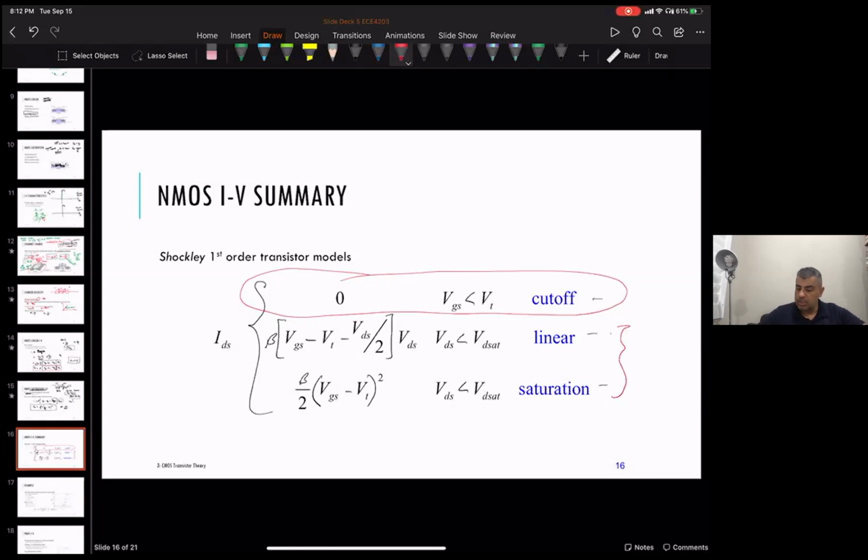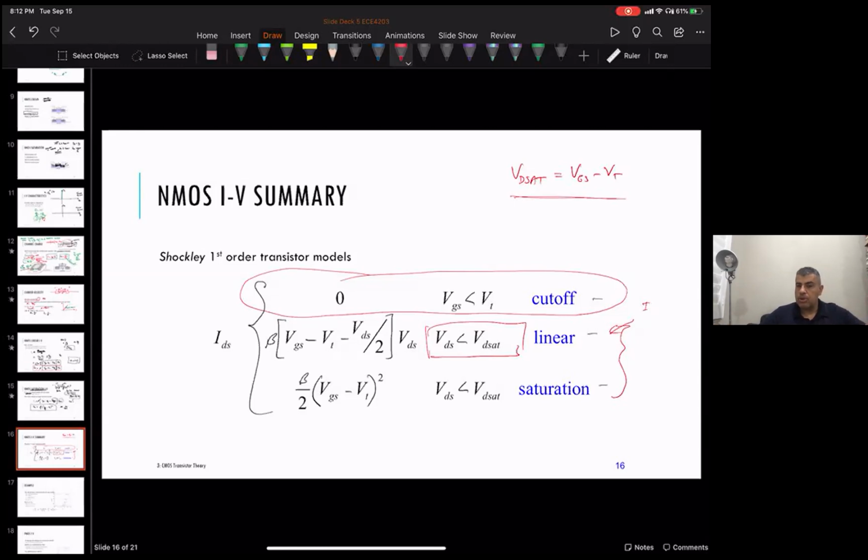If VDS is less than VDSAT, and remember VDSAT is defined as V gate source minus VT, this VDSAT is a moving bias condition that changes with your gate voltage.